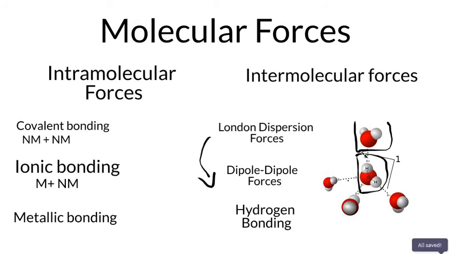It will make somewhat of an attraction, but it's going to be strong, stronger than dipole-dipole, with the highly electronegative oxygen, basically making a liquid because it's going to stay together closer.